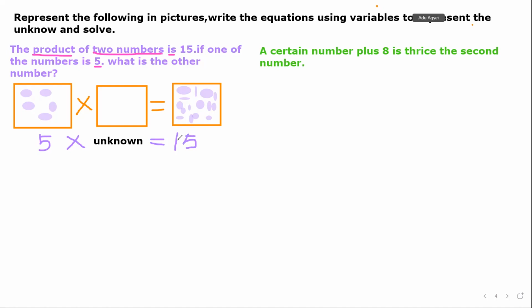Good. Now let a variable represent the unknown. So let the unknown equal y. Then you write y.